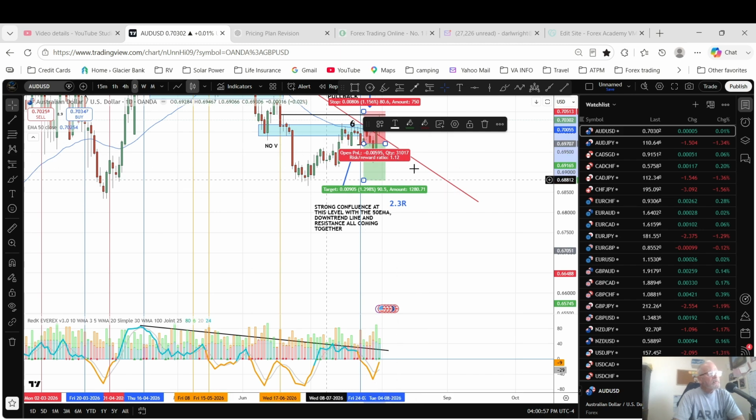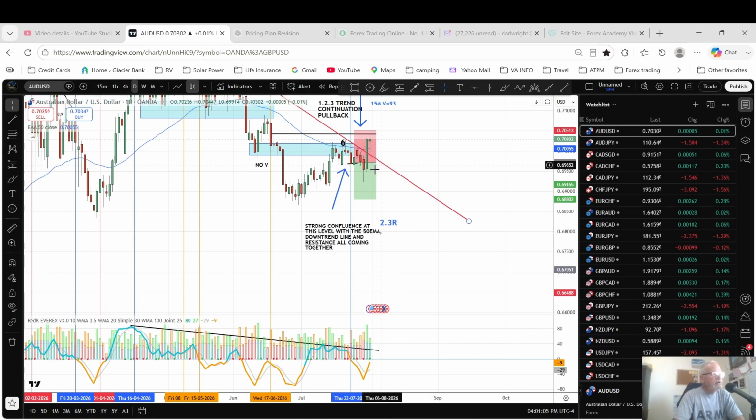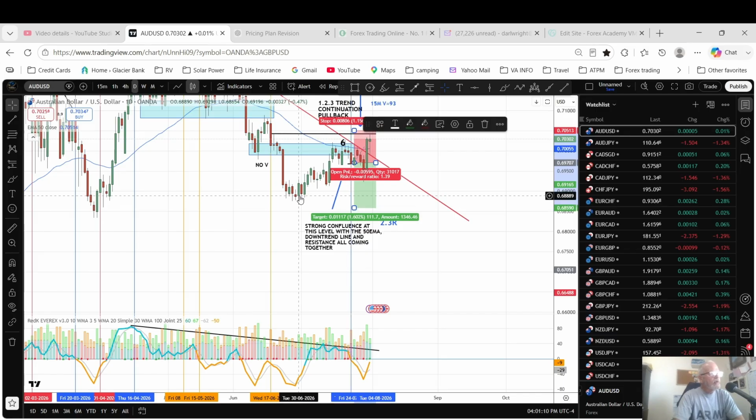So if we think that this market is in a downtrend and everything is showing us bearish pressure, if it's going to continue that downtrend, it's got to break below this swing low. Okay. So I'm going to put my profit target right in this area here, which is pretty much where I have it right there.